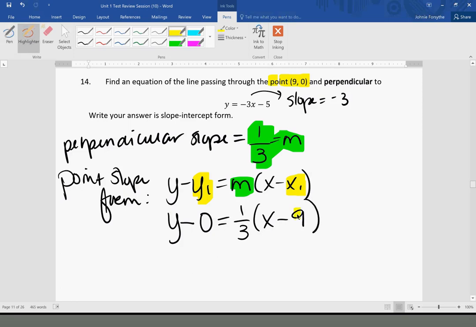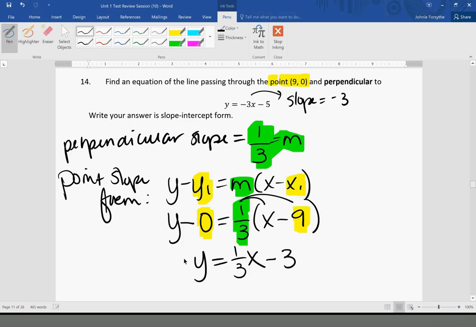So remember, this is our x1, y1, and this is our m, our slope. So on the left side, y minus 0 is y equals, let's distribute the 1/3: 1/3 times x, and 1/3 times negative 9 is negative 9 times 1 is 9, divided by 3 is 3. So now we have our equation in slope-intercept form.